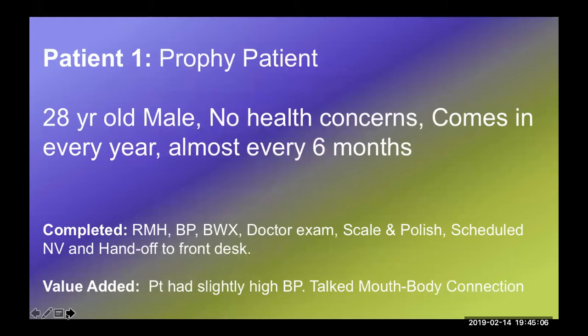So no contraindications. Now, when I took Bob's blood pressure, it was 150 over 90, and I was a little concerned. So I was talking to Bob about the mouth-body connection, and that inflammation in the mouth can contribute to high blood pressure, diabetes, Alzheimer's, other diseases, heart attack and stroke.